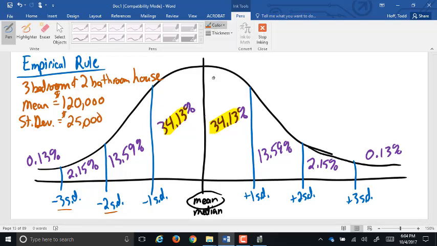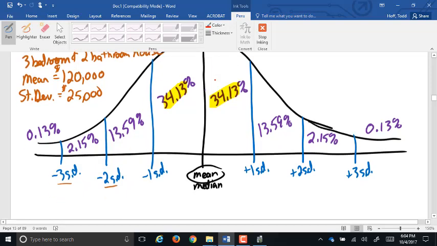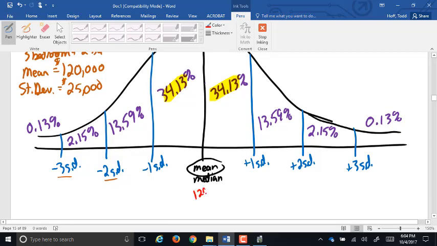So what that's going to mean for us here is on this curve, the center, the mean is 120,000. If we go 1 step down, that's 1 standard deviation down, we subtract 1 standard deviation from our mean. The mean's 120, standard deviation is 25.